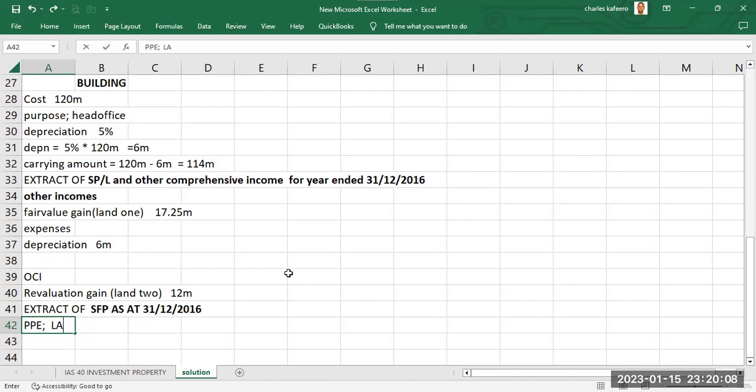One, we have the land, this land 2, 92 million, and the building, which is 114 million.